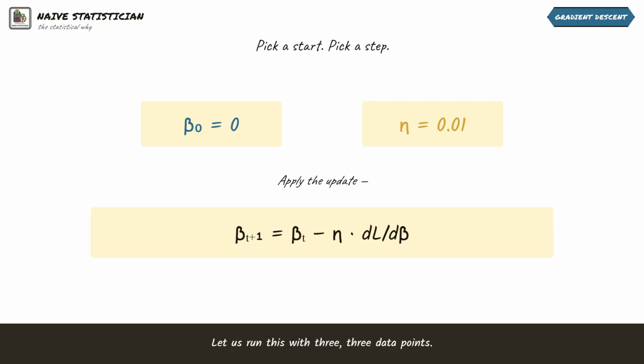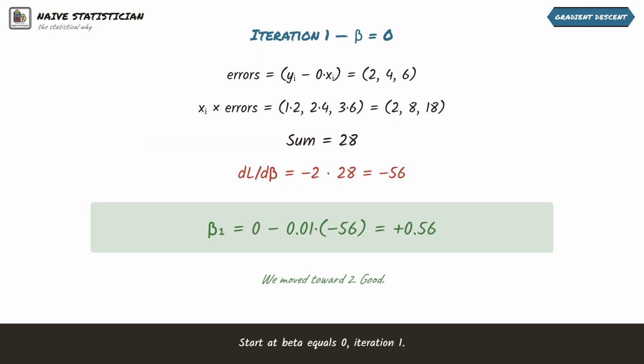Let us run this with three data points. x equals 1, 2, 3 and y equals 2, 4, 6. The true beta is 2. Start at beta equals 0. Iteration 1. The errors are yi minus 0 times xi, which is just yi. So we get 2, 4, 6. And multiply each by xi and sum, that is 1 times 2 plus 2 times 4 plus 3 times 6 equals 28.